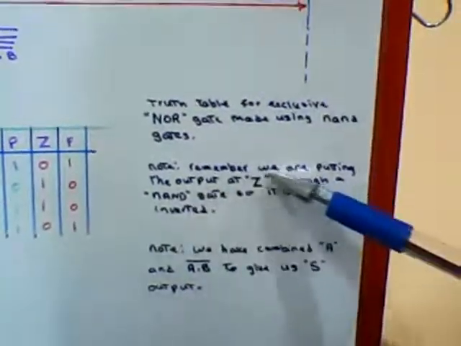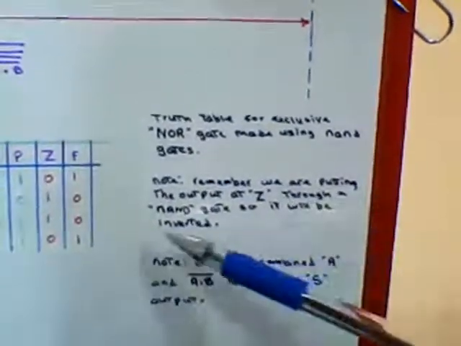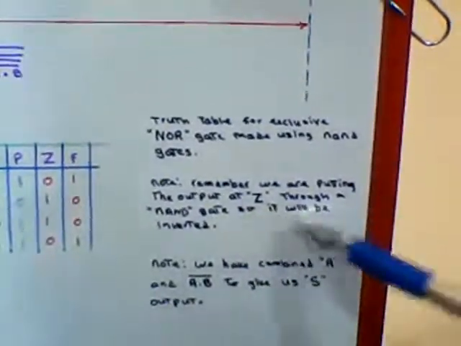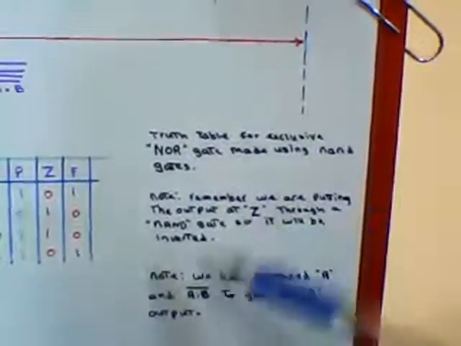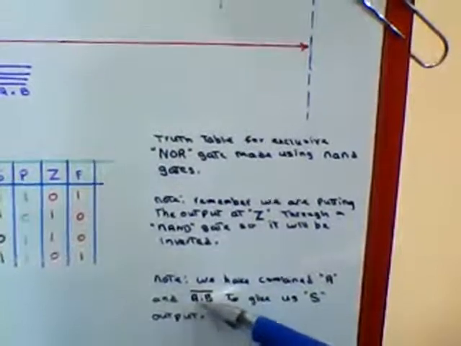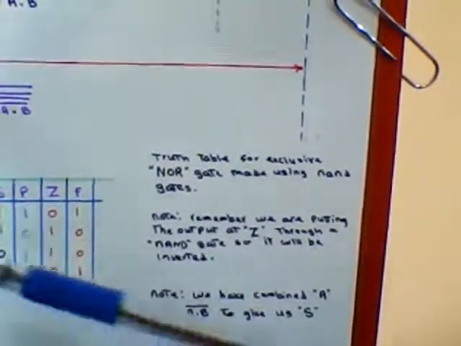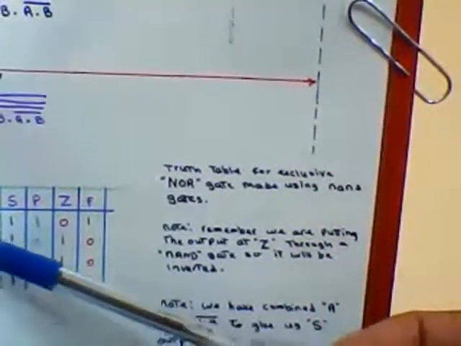Note, remember we are putting the output at Z through a NAND gate, so it will be inverted, okay? Note we have combined A and not A and B to give us S output, okay? Now here, you can see that these will be your input.